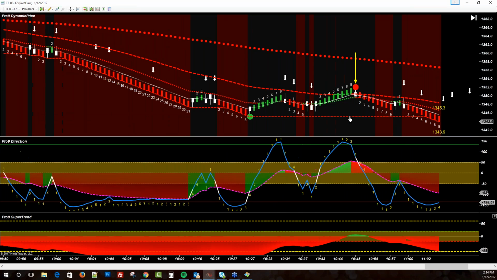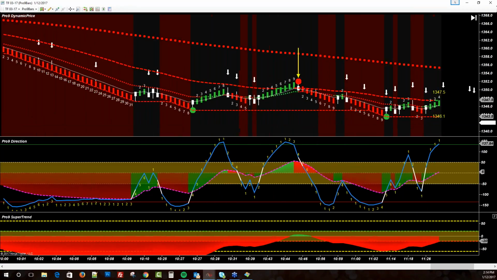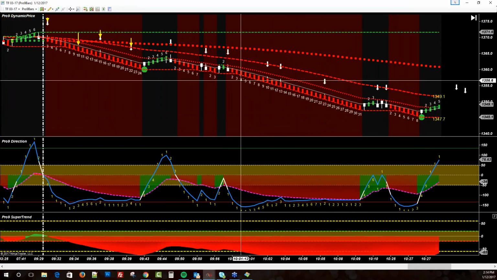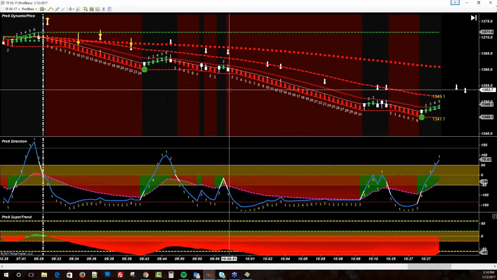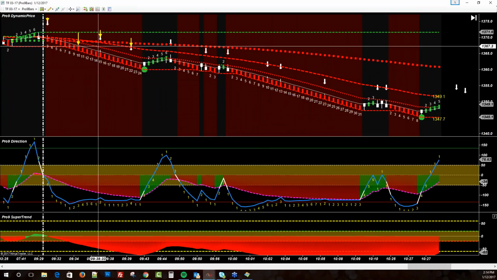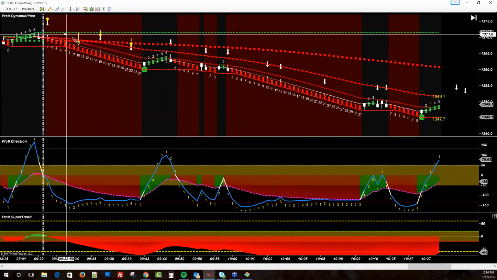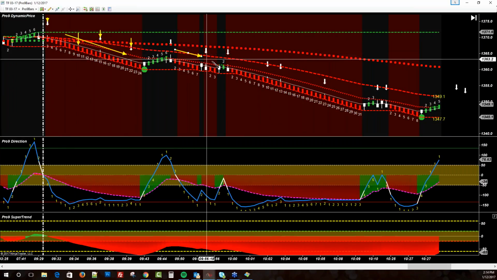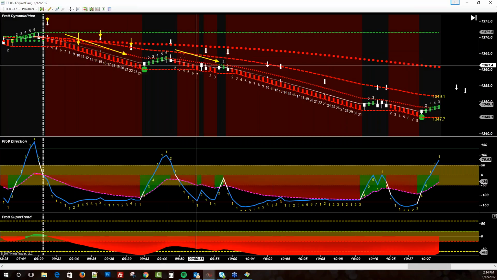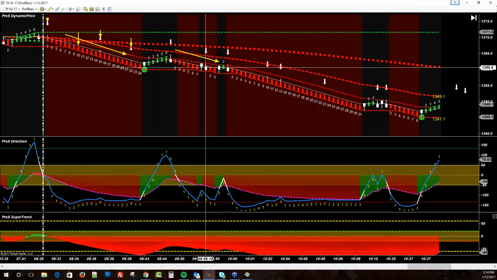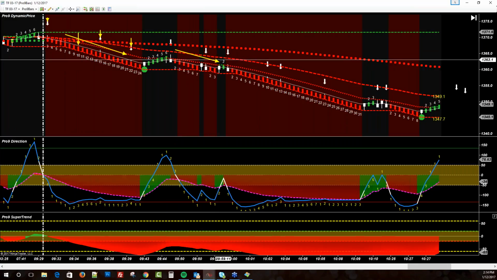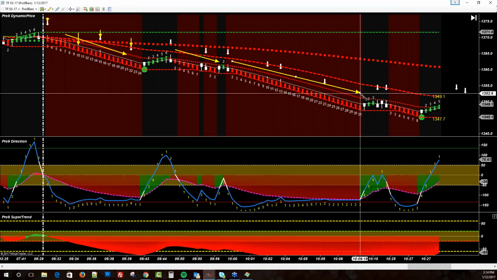Not quite a divergence. Let's see. Here again is another example of those three waves we were talking about earlier. So we have these two that are really close. It's just a short run and then a small continuation. And then we have a nice long run.